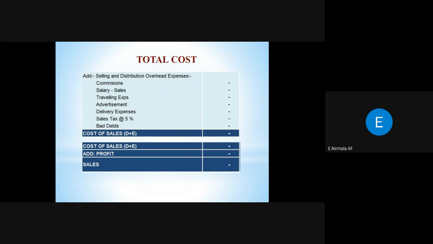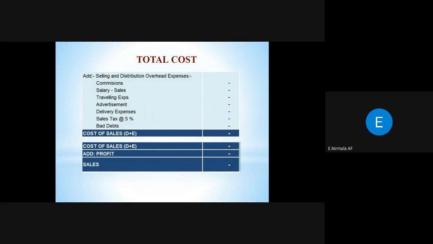Now, here we have to find out the total cost. So from the cost of production, we have to add selling and distribution overhead such as commission, salary to sales, traveling expenses, advertisement, delivery expenses, sales tax, bad debts. Then we will get cost of sales.